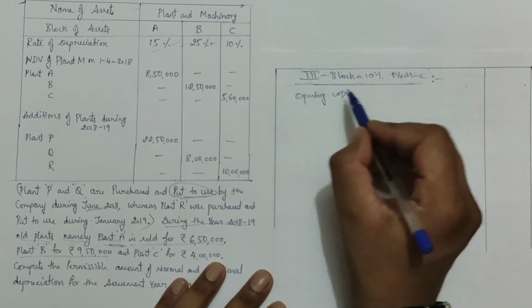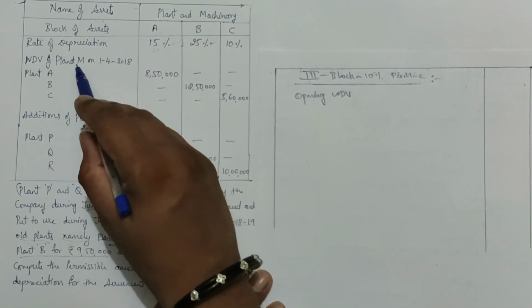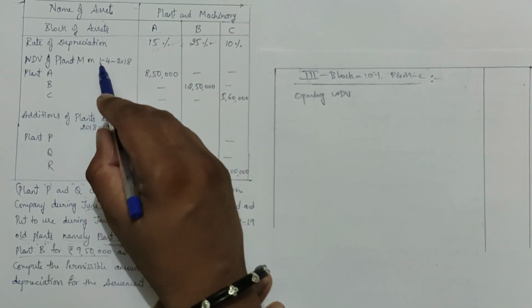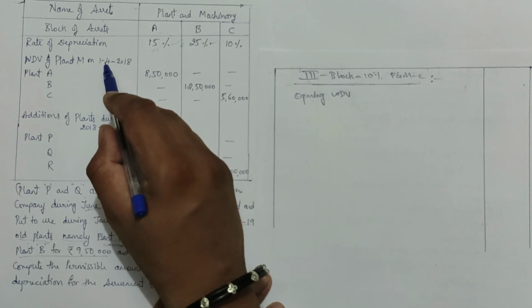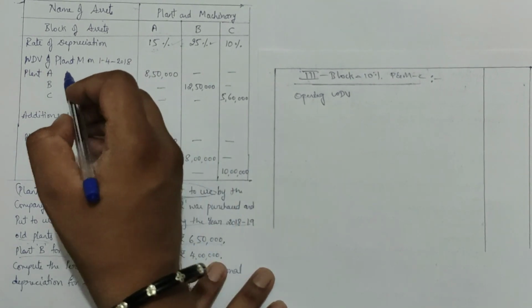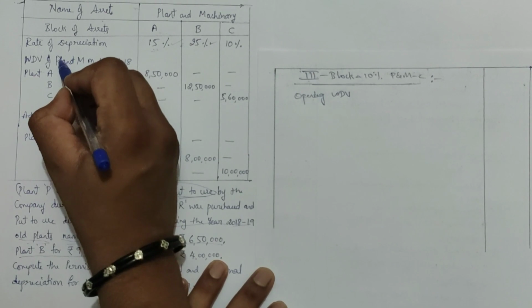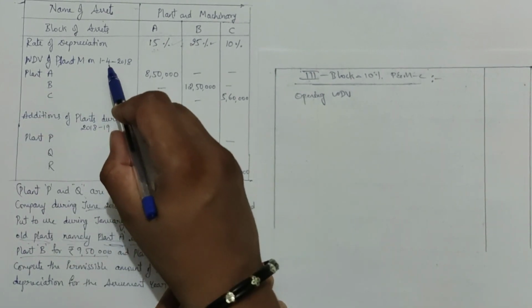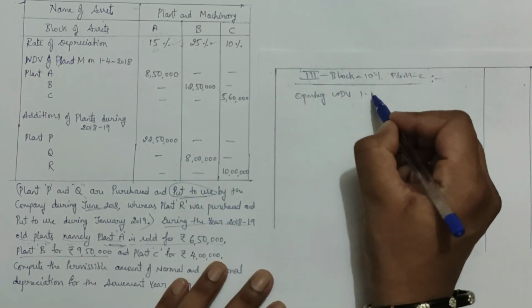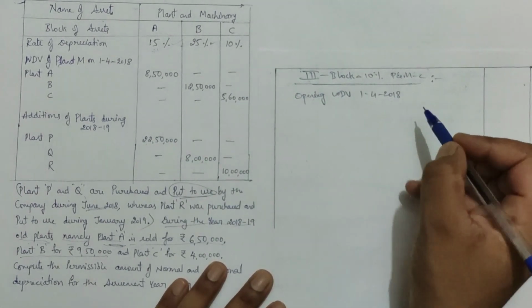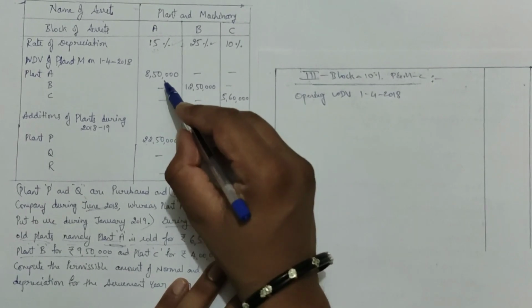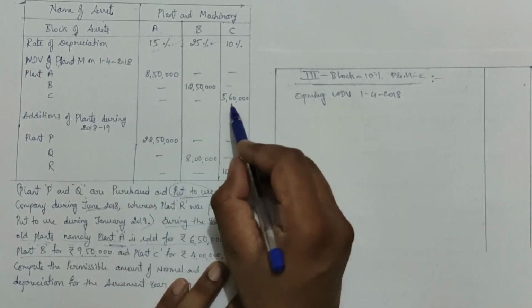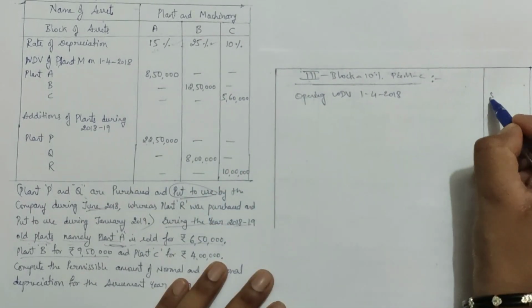The opening written down value for plant and machinery on 1/4/2018. How much do we have for plant C? 5,60,000.